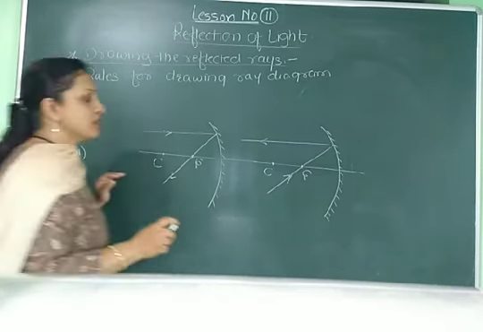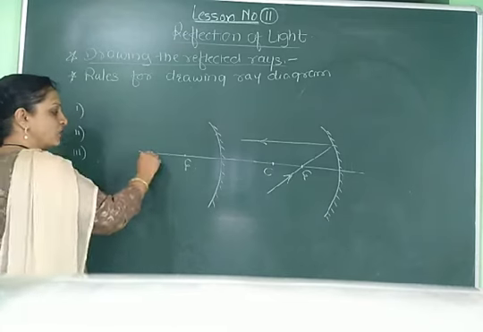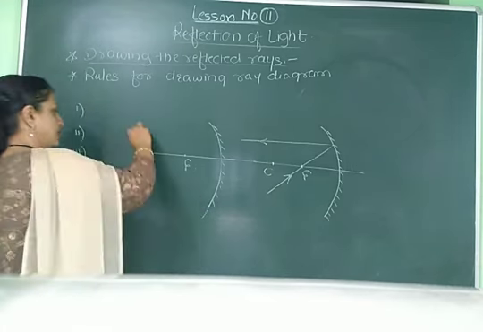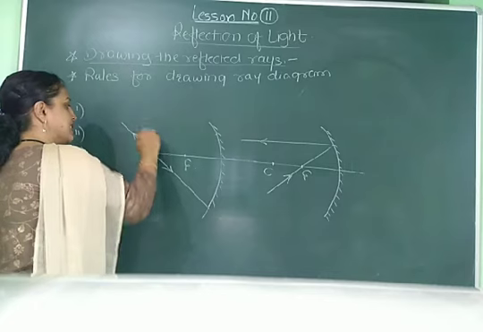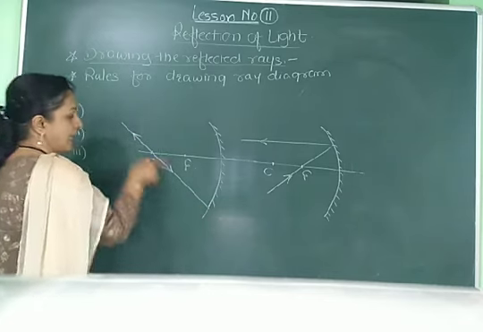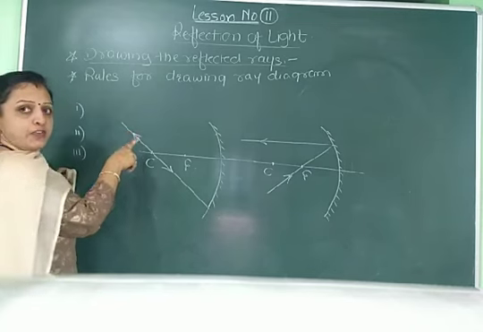If the incident ray passes through the center of curvature like this, then after reflection it will move along the same path. It traces the same path. So this is the direction of the incident ray and the same direction of the reflected ray.